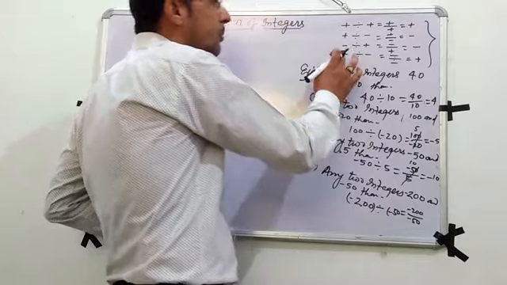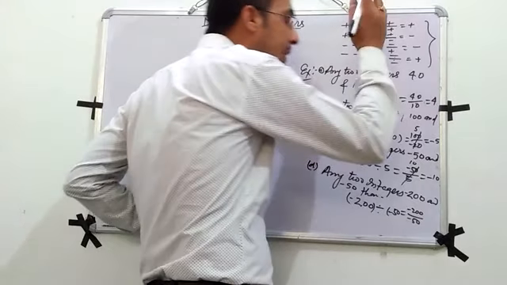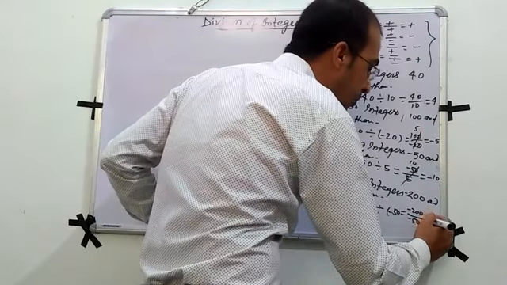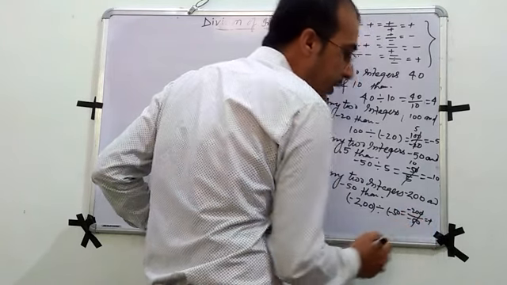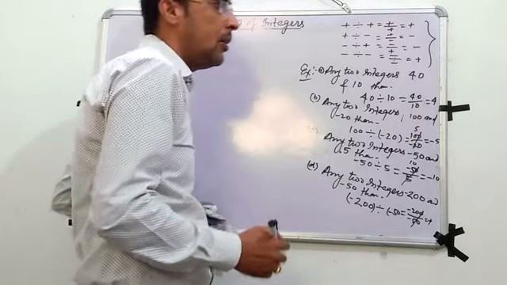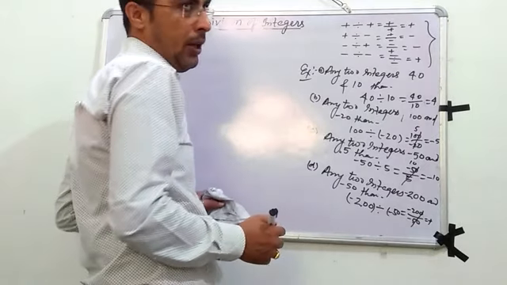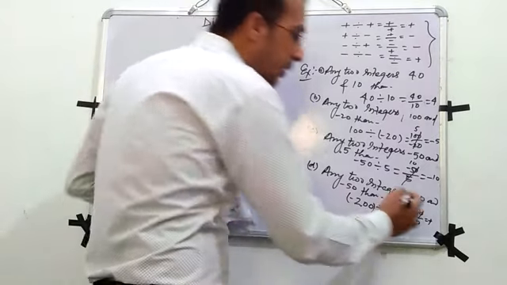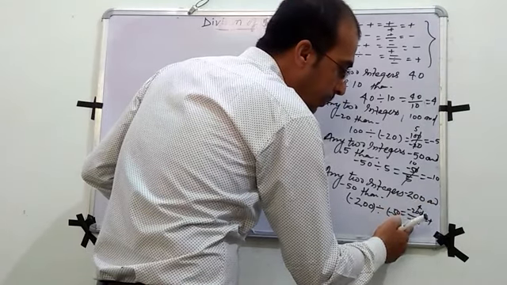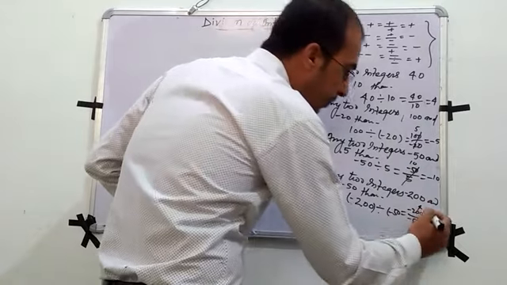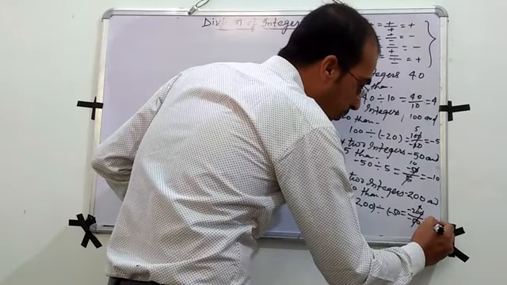Minus cancels, it means minus divided by minus, then the sign will be plus. Then the value will be plus, and how many times will it divide? I think 4 times. Is it clear? 200 divided by 50, 4 times, then it will be 4.